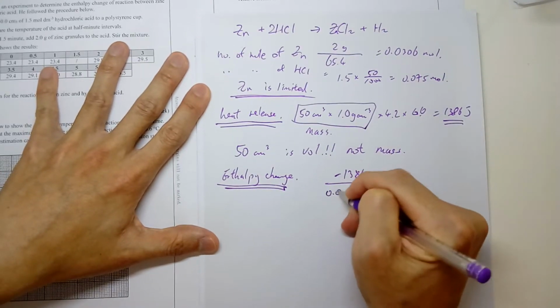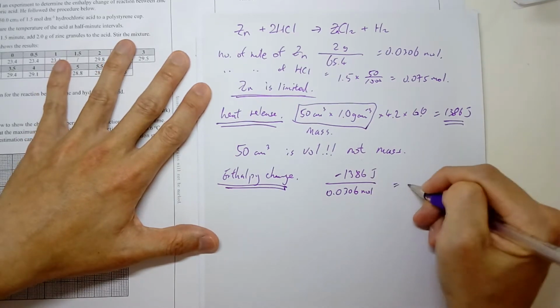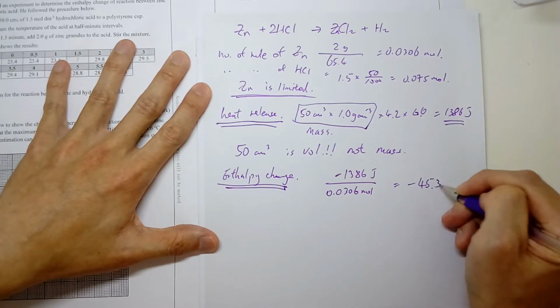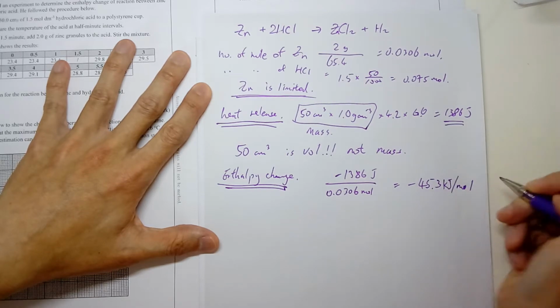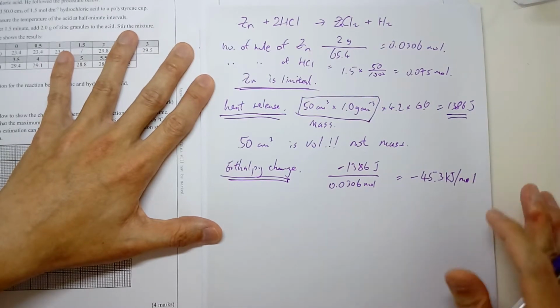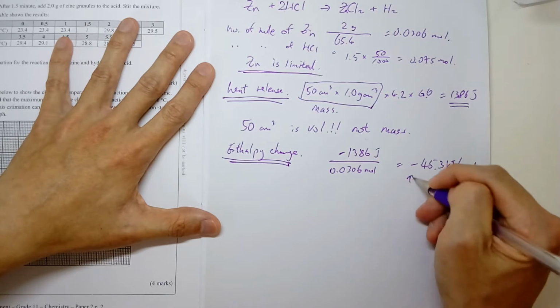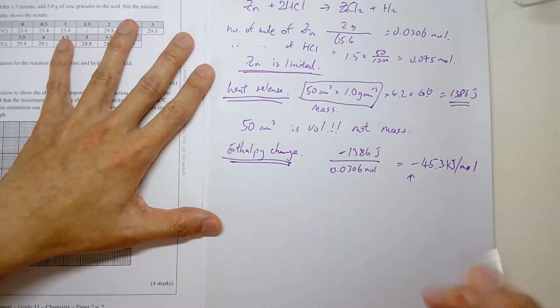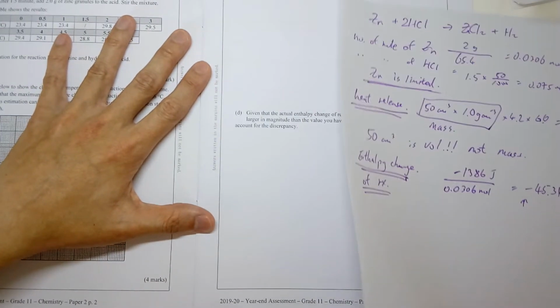That's why we need to divide, and this gives minus 45.3 kilojoules per mole. You are allowed to use kilojoules per mole or joules per mole, it doesn't matter. And don't forget the minus sign because this is the enthalpy change of reaction.